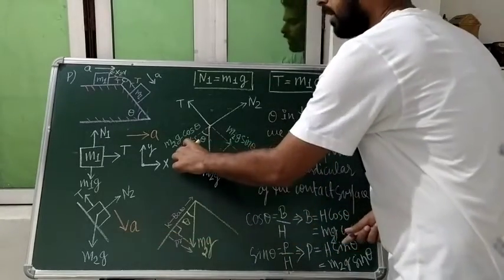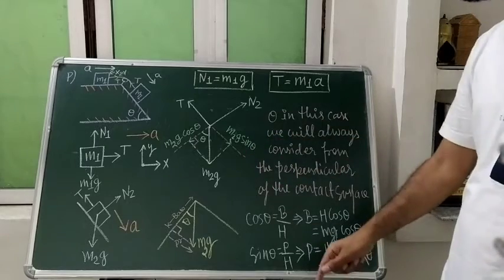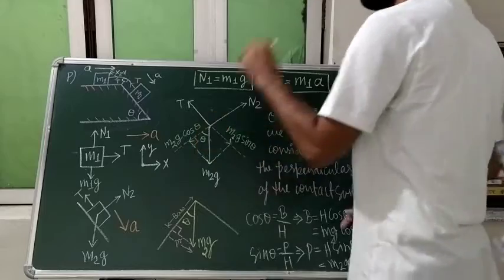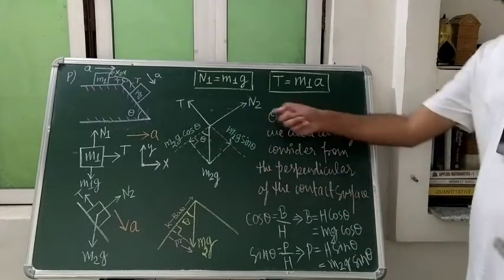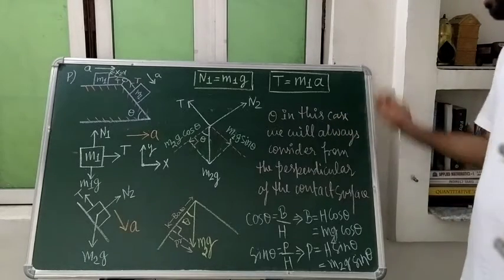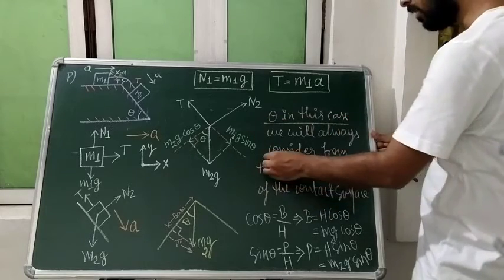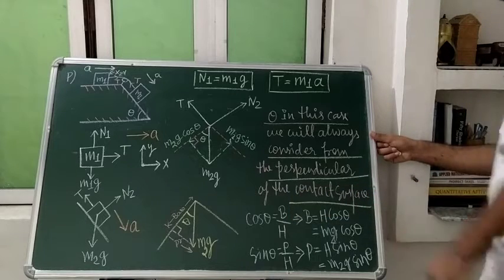So this we have shifted here. We can shift the vectors; we will study that in the vector chapter. This perpendicular is parallel to this, so we can shift m2g sin theta. Please remember this, otherwise you can do it wrong. And note that theta in this case we will always consider from the perpendicular of the contact surface.